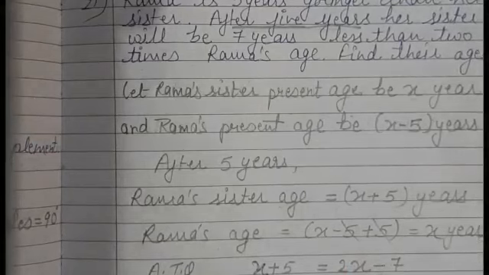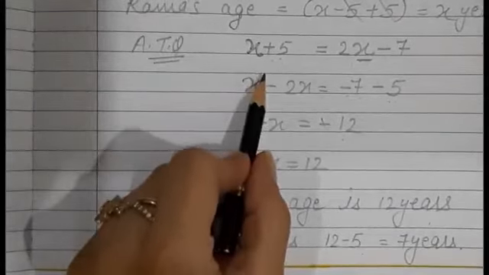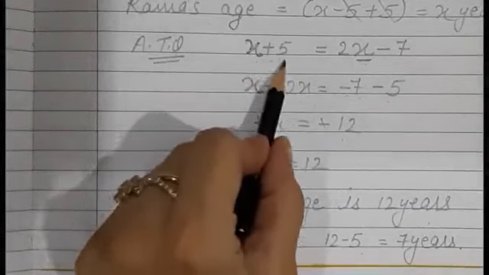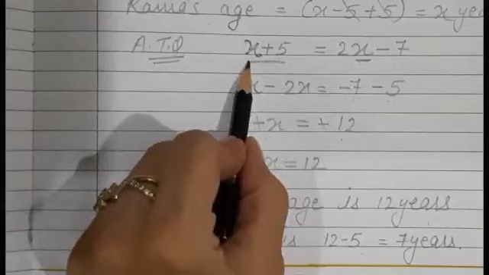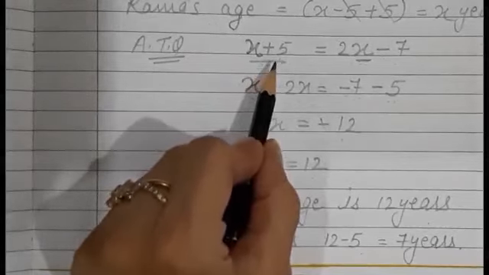Clear? Now according to the question, after 5 years, her sister will be 7 years less than 2 times Rama's age.